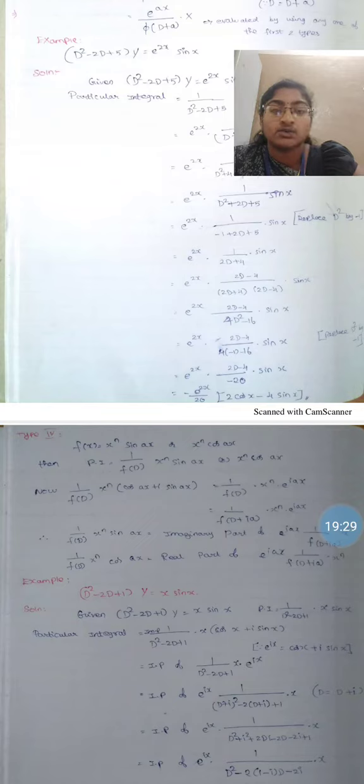So 4 into minus 1 minus 16 into sin x. The numerator is as it is, 2d minus 4, and the denominator becomes minus 20 into sin x. So take the minus 20 outside: e power 2x divided by minus 20. Next, differentiating sin x gives cos x, so 2 cos x minus 4 sin x. So this is our type 3 equation.